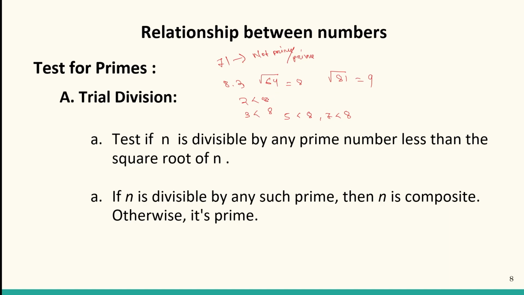So we try to divide 71 by 2. What we are left with is a remainder of 1. If we divide it by 3, we are left with a remainder of 2. So 2 does not divide 71, and 3 does not divide 71. By dividing it by 5, it leaves a remainder of 1, so 5 does not divide 71.